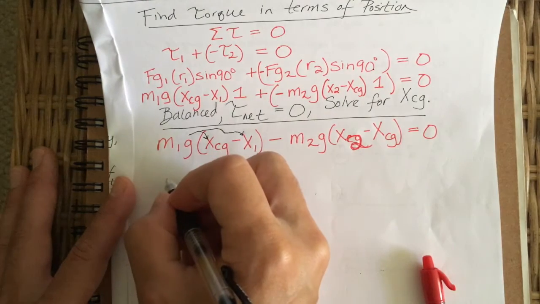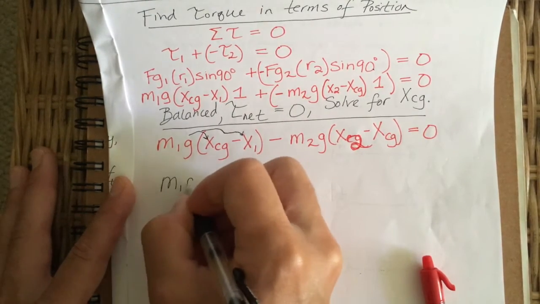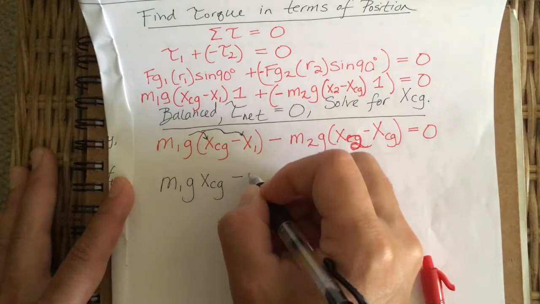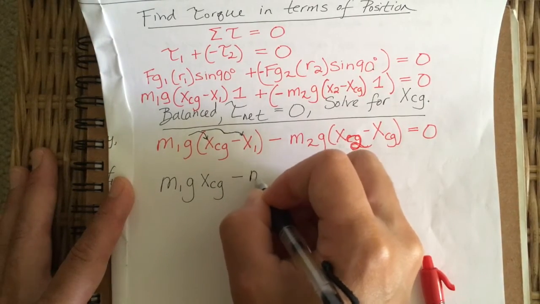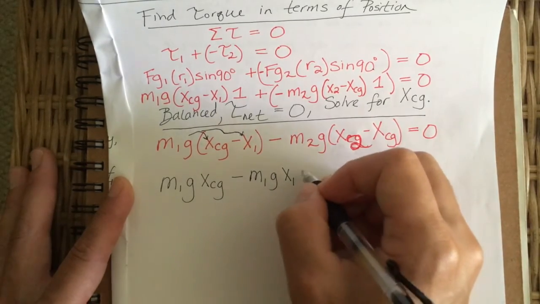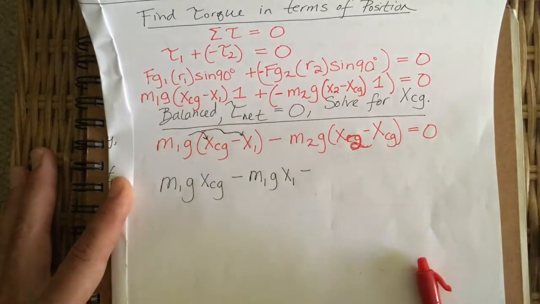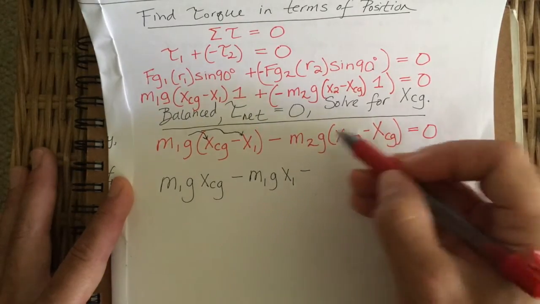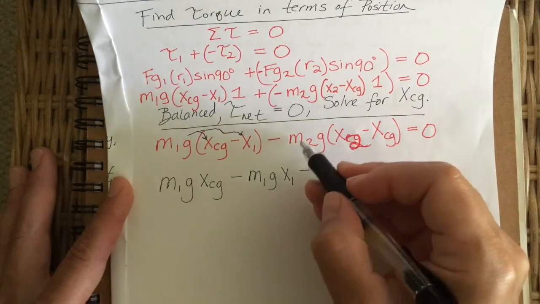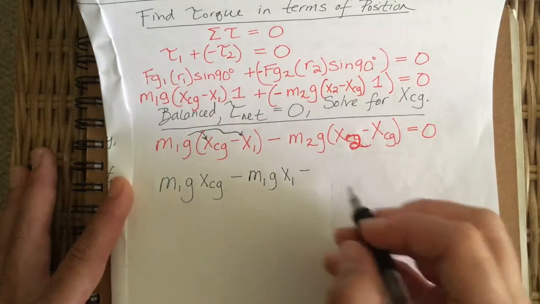So we can rewrite this as m1 g xcg minus m1 g x1 minus, and we have to distribute this through, right? So this negative is going to distribute through to here, and the negative times the negative will be positive here.